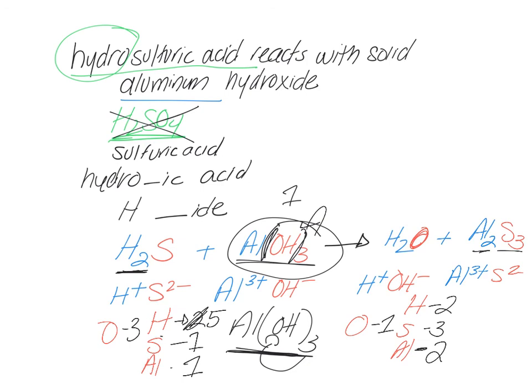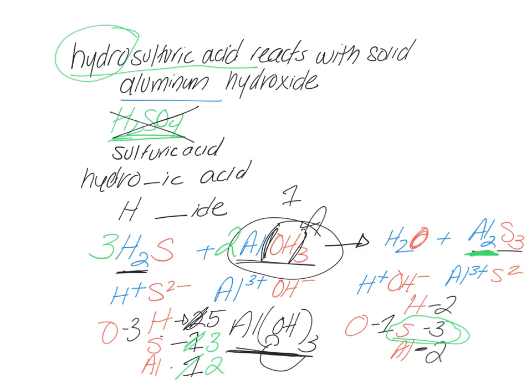So I think I might start by doing the sulfur. I see that there is 3 sulfurs here, so I'm going to put a 3 in front of here. That changes the sulfur to 3. Before I count the aluminums, I'm going to try and balance the aluminum first. I see that there's 2 aluminums over here, so I'm going to put a 2 in front of here.